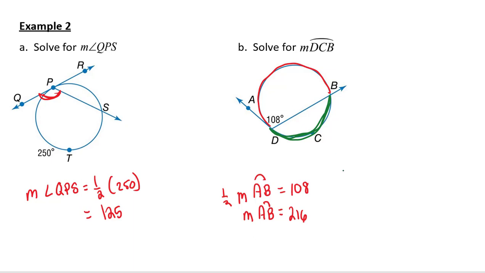I'm looking for the measure of arc DCB. Well, that's going to be 360 minus the 216 I just found. And that ends up being 144.